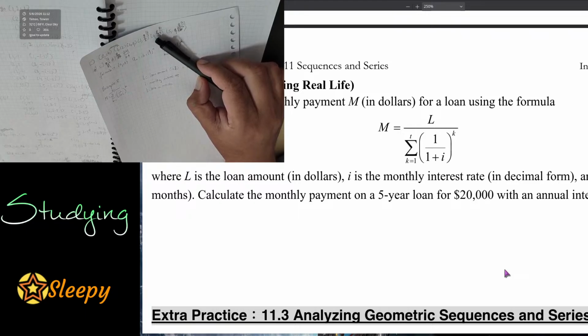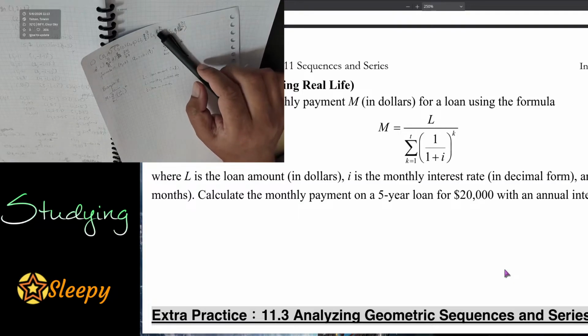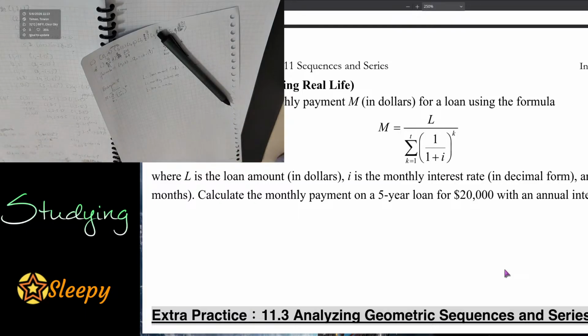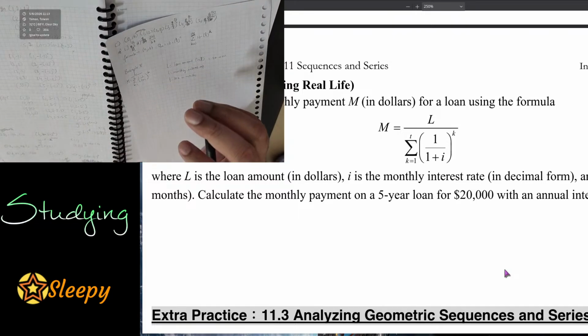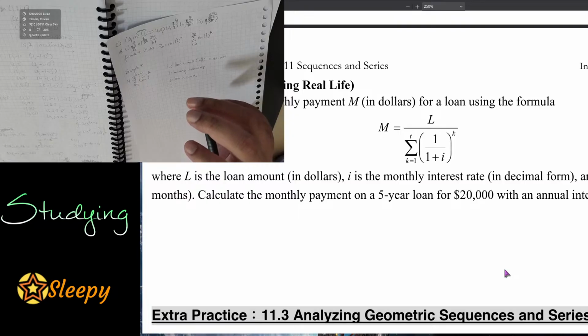Something to the power of 12 is 1.06 in decimal form. I don't fully understand.